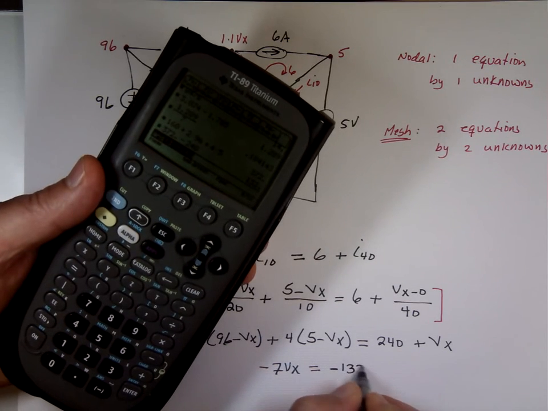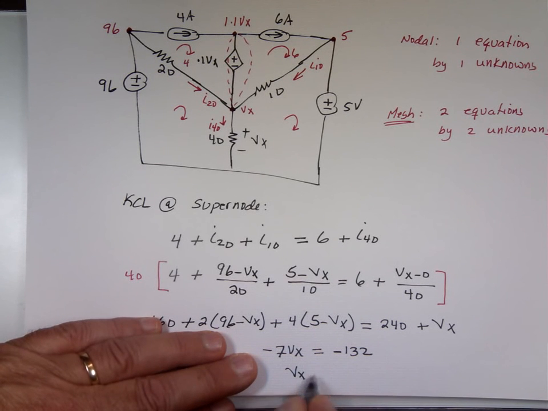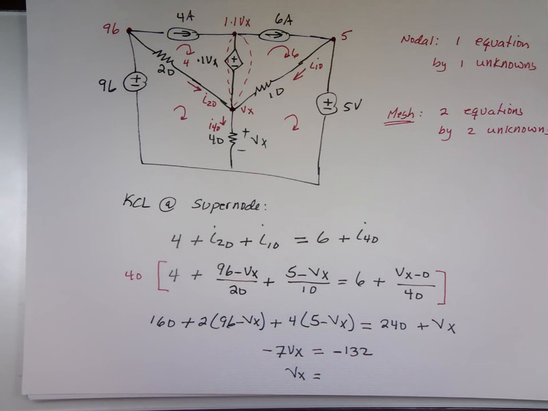So what's Vx equal to? 132 divided by 7, 18.86.